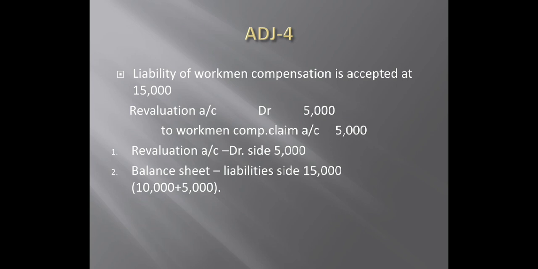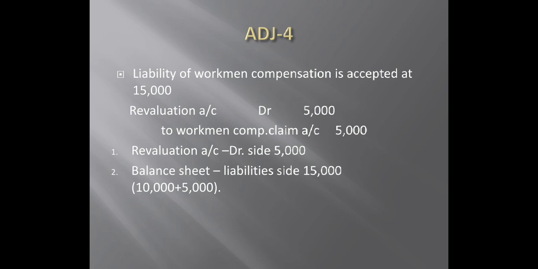So 5,000 extra is to be added. And that is the reason 5,000 is to be debited in revaluation account. And then the second effect in new balance sheet, please check the solution given in your textbook.